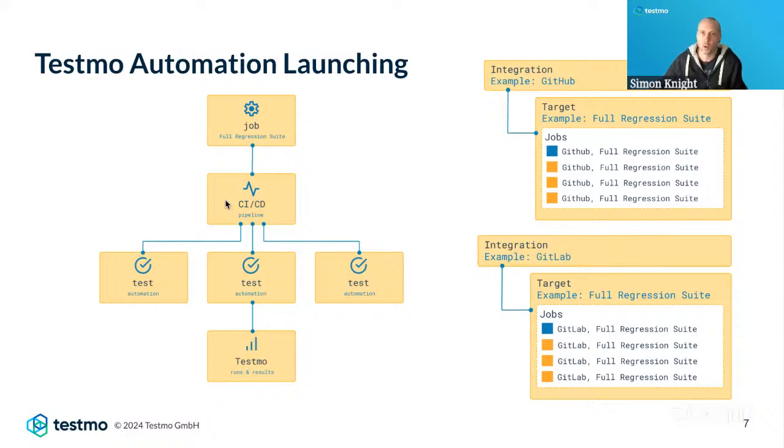Testmo's new automation launching features expand upon the GitHub and GitLab integrations that already exist inside of Testmo, and they give you the additional capabilities to configure targets for your automation runs, which are then launched from Testmo as jobs.